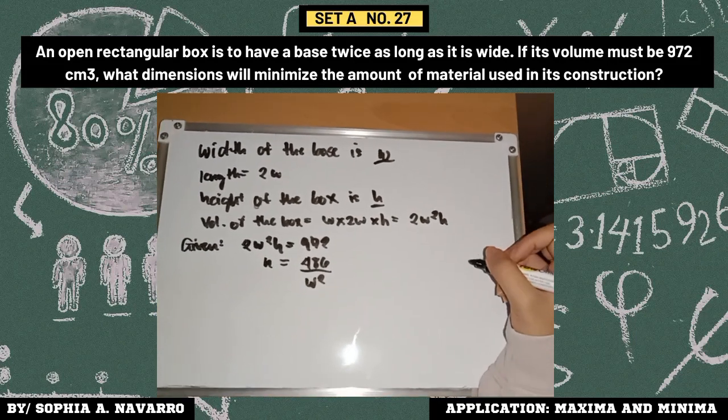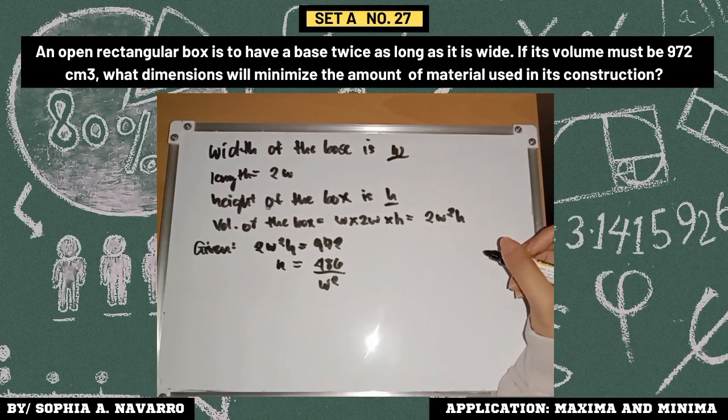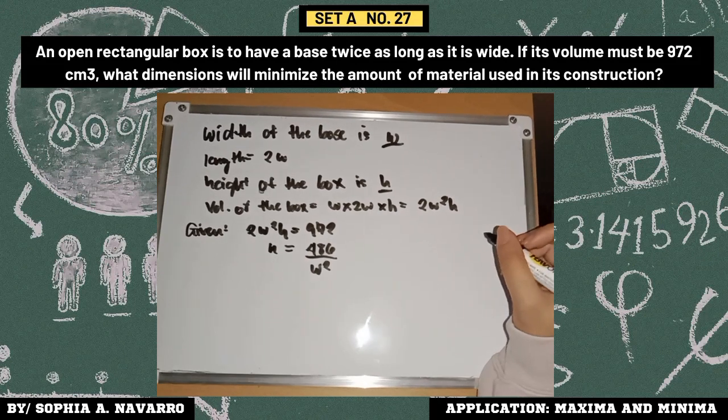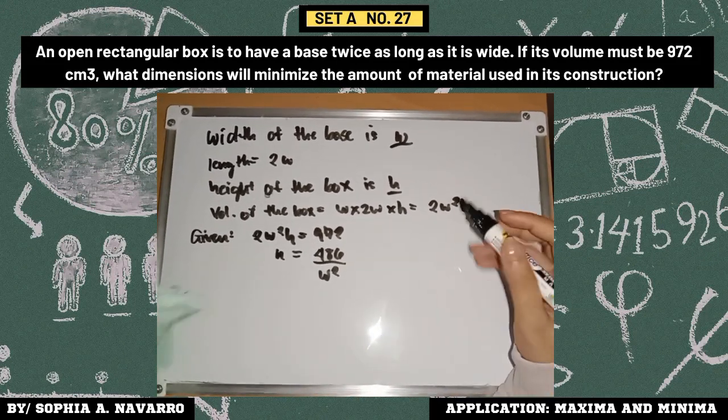Now let's solve for the surface area of an open top box.